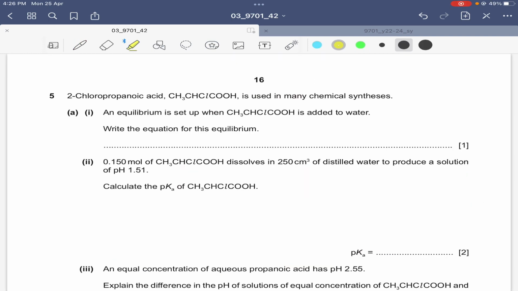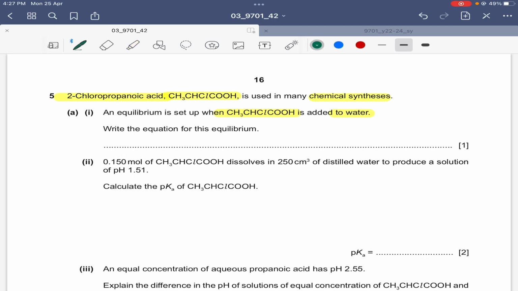Alright, so the second last question is about 2-chloropropanoic acid. This 2-chloropropanoic acid structure is used in many chemical syntheses. An equilibrium is set up when 2-chloropropanoic acid is added to water. Write an equation for this reaction. So when 2-chloropropanoic acid is added to water, it releases H+ ion to water.